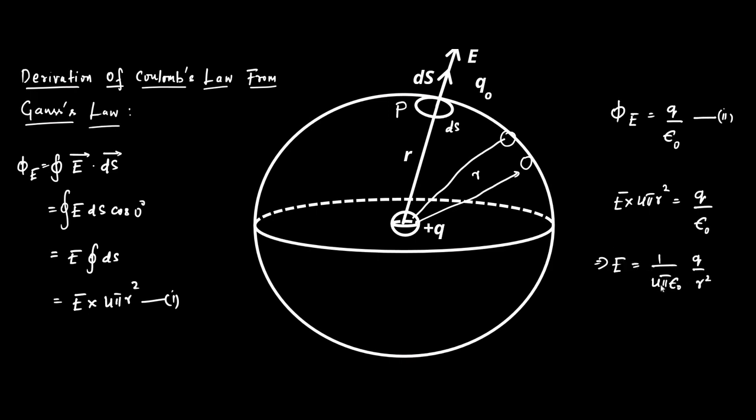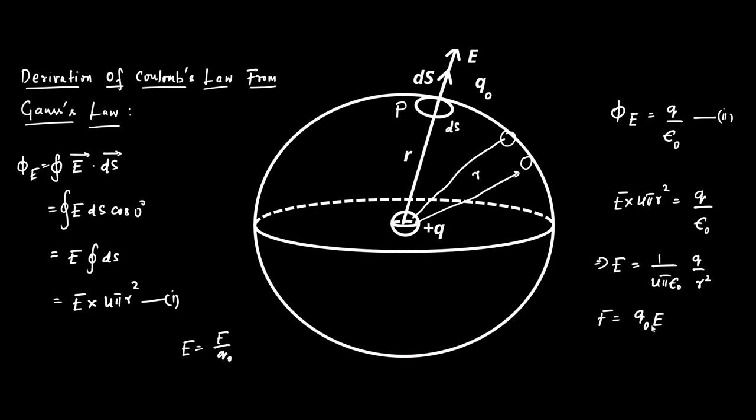We know this. Now let us say we have a positive test charge Q0 placed at point P. So the Coulombic force of repulsion, because both of them are positive, the Coulombic force exerted on this charge Q0 is equal to Q0 into E, because we know electric field is the force acting per unit test charge. Electric field is equal to the Coulombic force acting per unit test charge in an electric field.